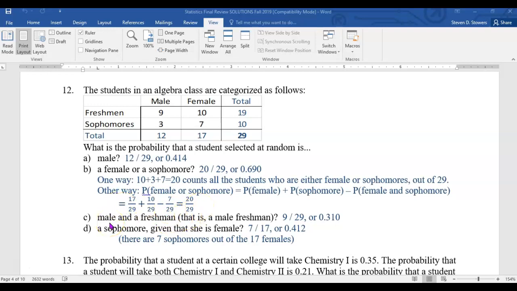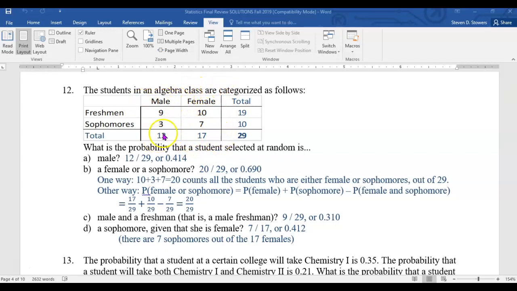The probability that a student selected at random is male and a freshman, that is a male freshman, would just be 9 out of 29 because there are 9 students who are both male and freshman out of 29 in all. And the probability that a student is a sophomore, given that she is female. So when it says given that she is female, that means we're told that the student you select is one of the females.